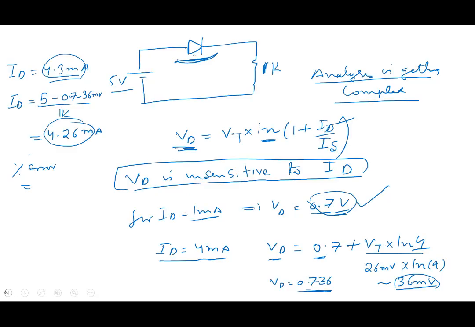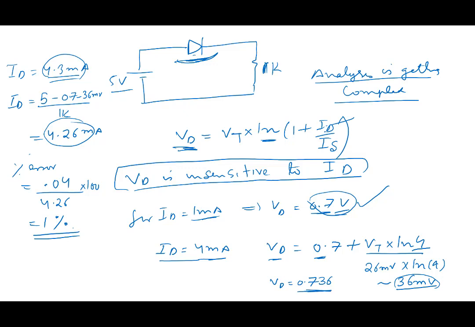It is 4.3 minus 4.26, which is 0.04, divided by the accurate value 4.26, times 100. That gives about 1%. So 1% error.